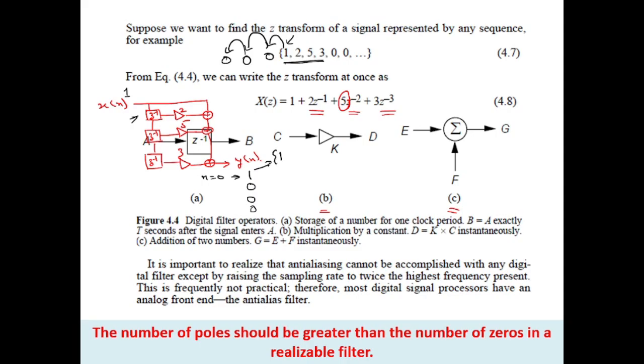The output is 1. In the next instance, what is coming? 2 is coming. This 2 will come here. In the output, we got 2. Now this z inverse will release 1. In the previous instance it held 1.